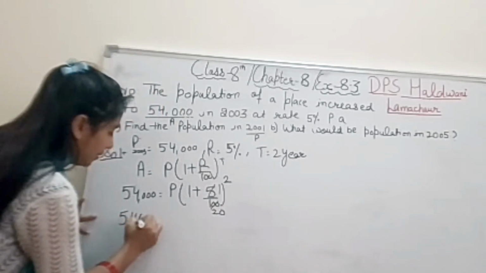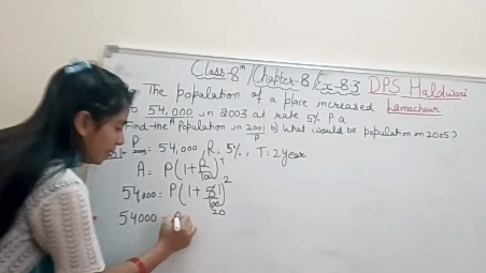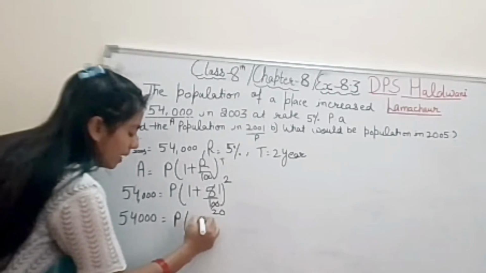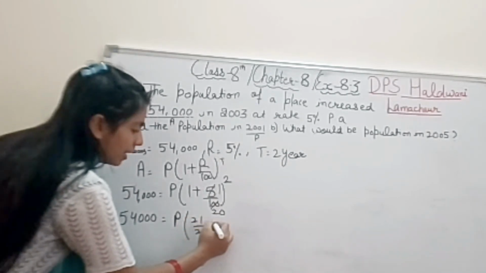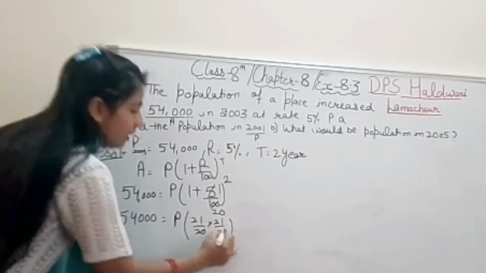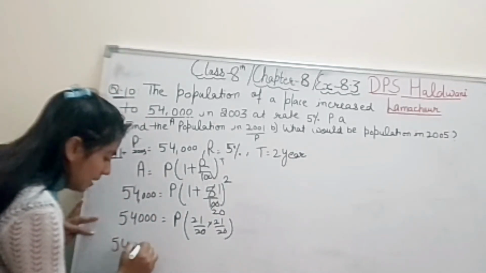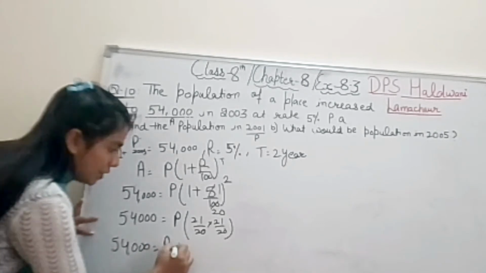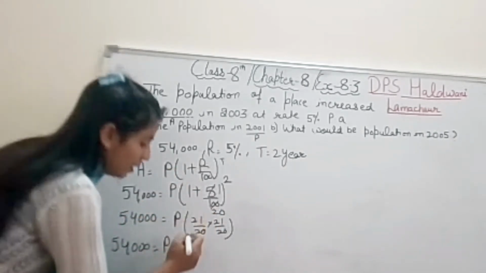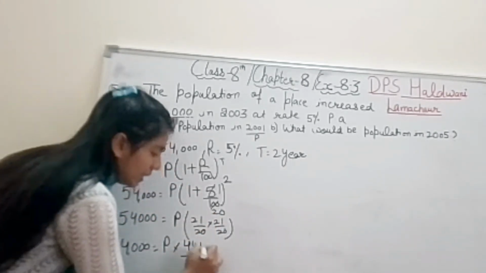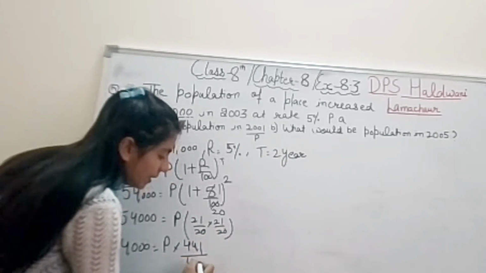So 54,000 is equal to P into 21 upon 20, and 21 upon 20 because 2 times, right? So 54,000 is equal to P into 21 into 21, 441, and 400.